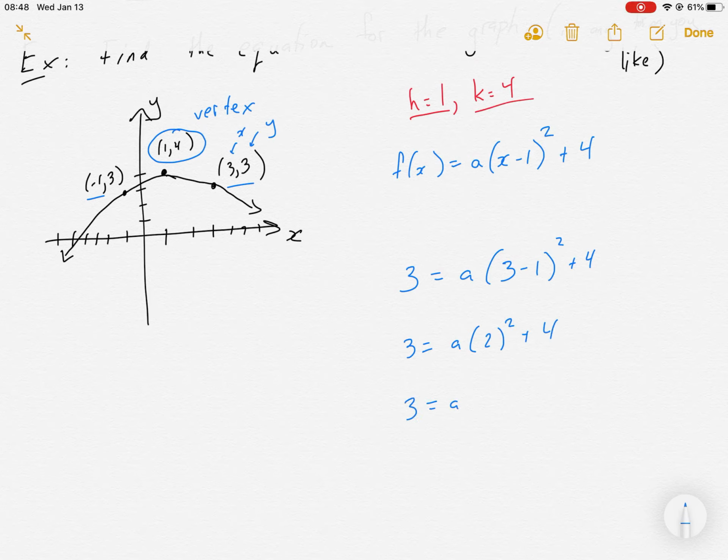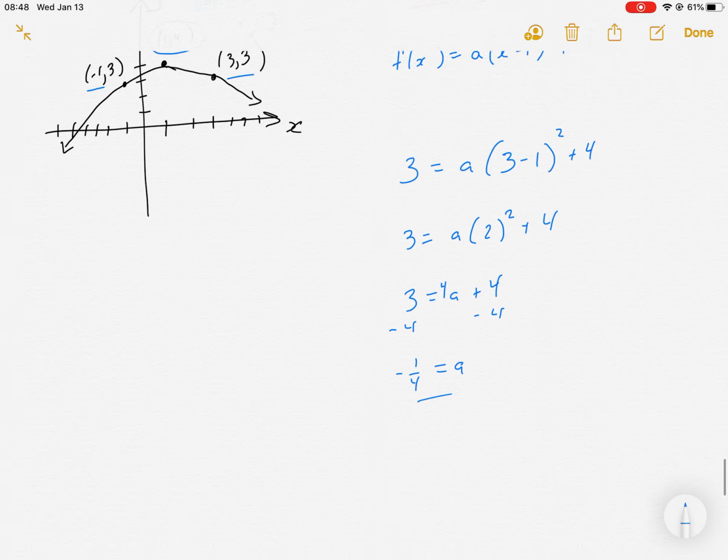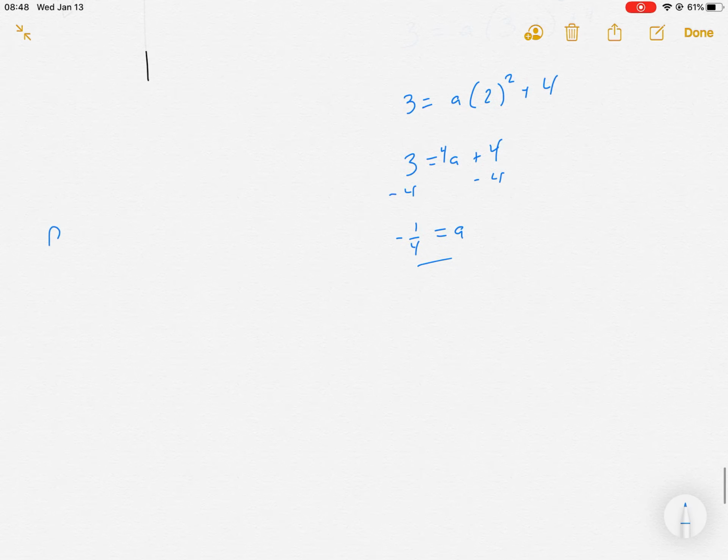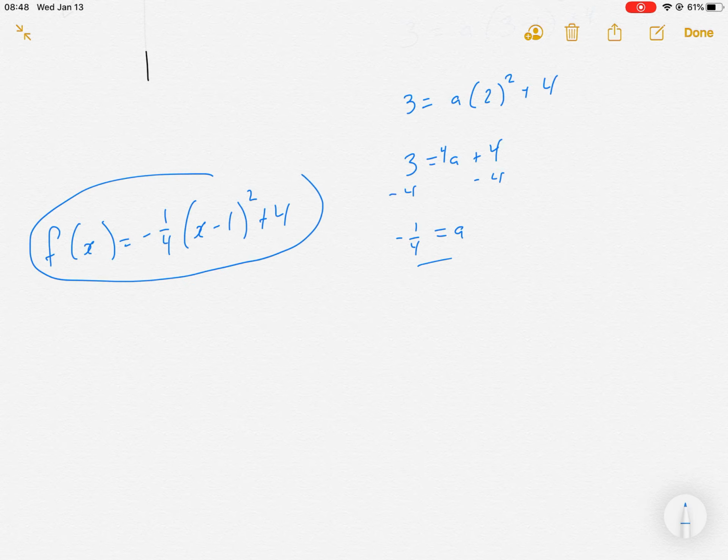And so it's really a times 4, or 4a plus 4. So if I subtract that 4 over and then divide by 4, I should end up with negative 1/4 equaling my a. And so going back to my original equation, I now know that the equation of the graph is negative 1/4 (x minus 1) squared plus 4.